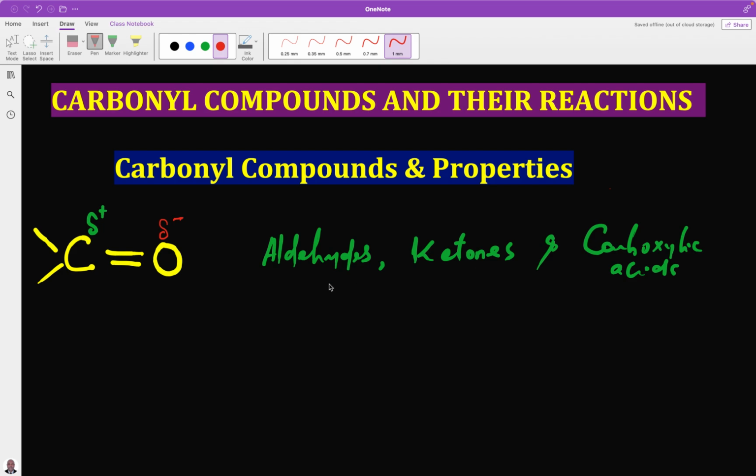With aldehydes, you will see that the carbonyl group has at least one hydrogen attached to it.